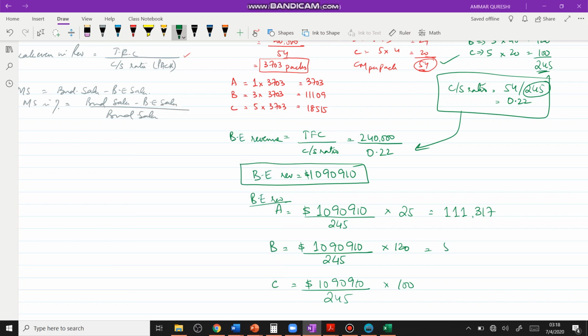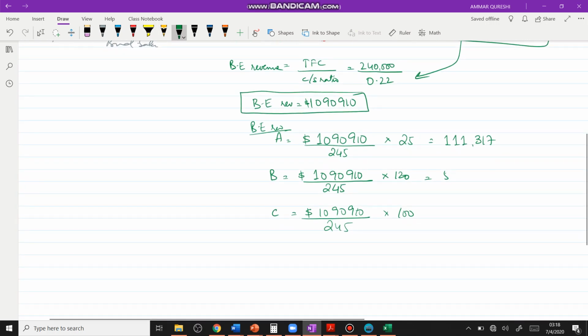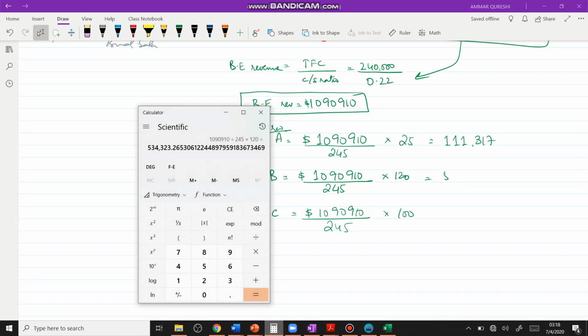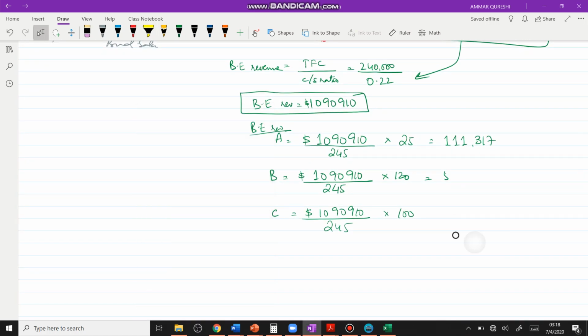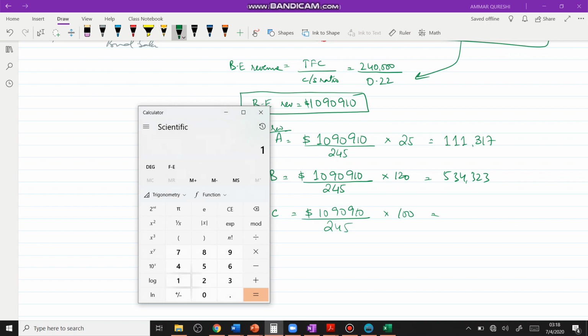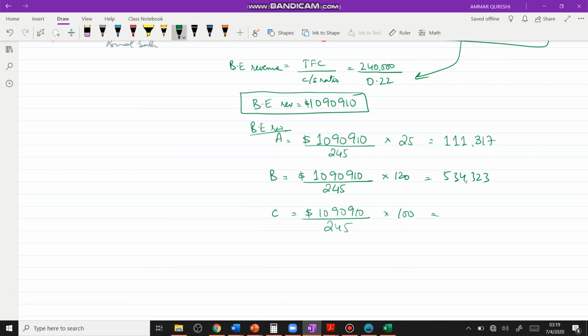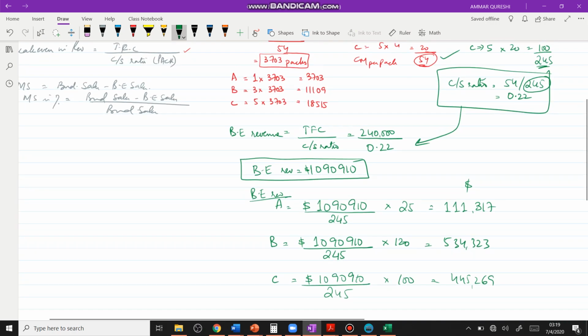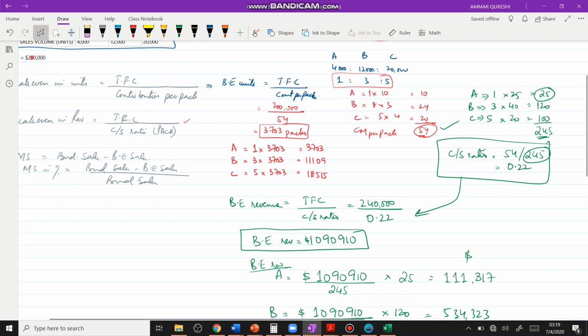That makes 534323. And the last one is 1090910 divided by 245 times 100. That makes 445269, right? So this is basically the break-even revenue which the company should generate.